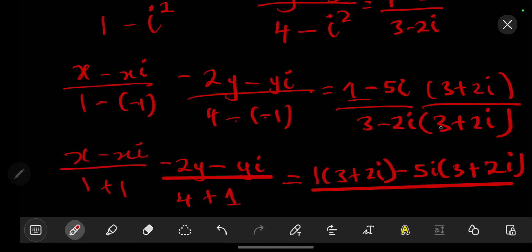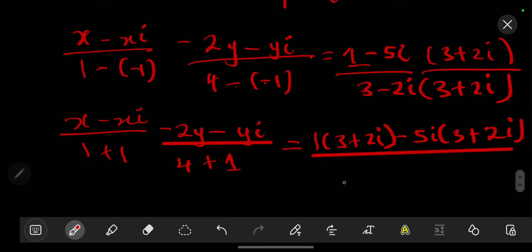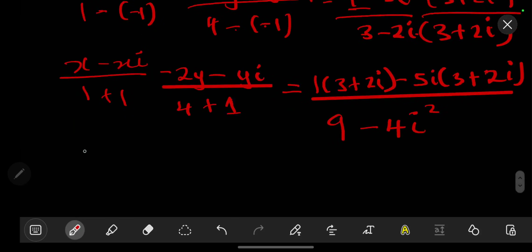conjugate first number with first number, 3 by 3 is 9. Last number with last number, negative by positive is negative. 2 by 2 is 4. I times I is I squared like that. So what we are going to have is our x minus our xi over 1 plus 1 is 2.